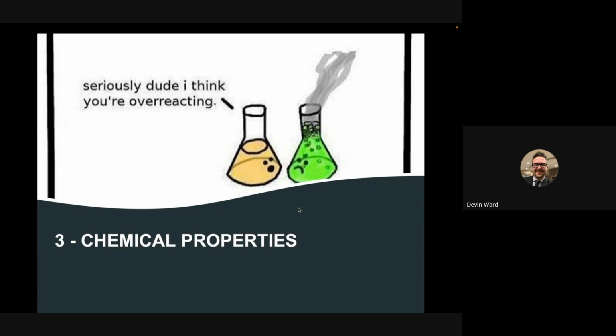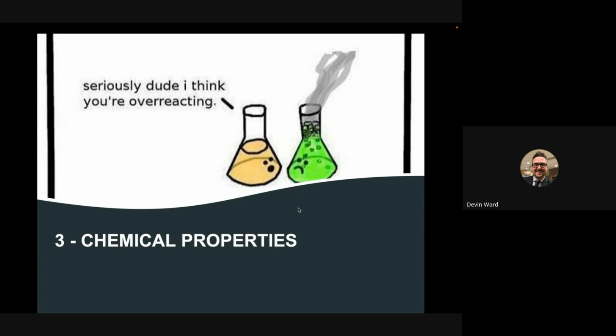Okay, so iron will react with oxygen in the air. So just the air, the 21% or 22% of oxygen that makes up our atmosphere, it will react with iron, sorry. So this forms iron oxide, which is also known as rust. So any kind of rust you see is the compound iron oxide.